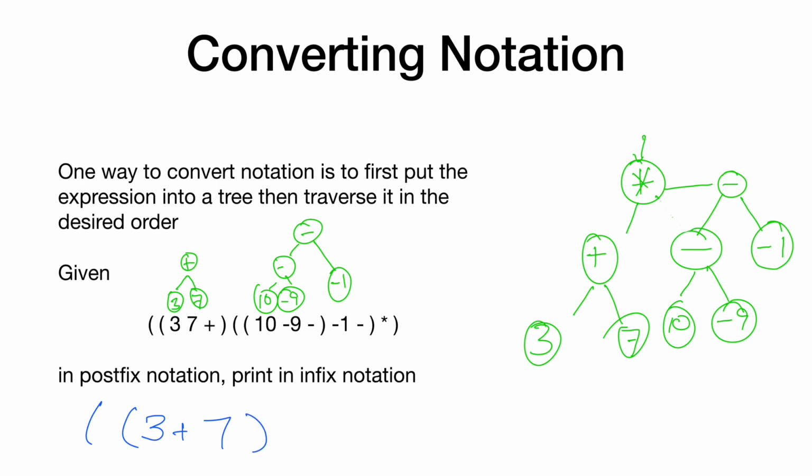So we close the parentheses, and we print ourself, so star. And then we go into the first operation, which is this minus. And the first thing it does is it prints its left child with another operation, which is a minus. It prints its left child, which is 10, and then prints itself, and then prints negative 9, and pops back out, minus, and its right child, which is negative 1. And we're done.